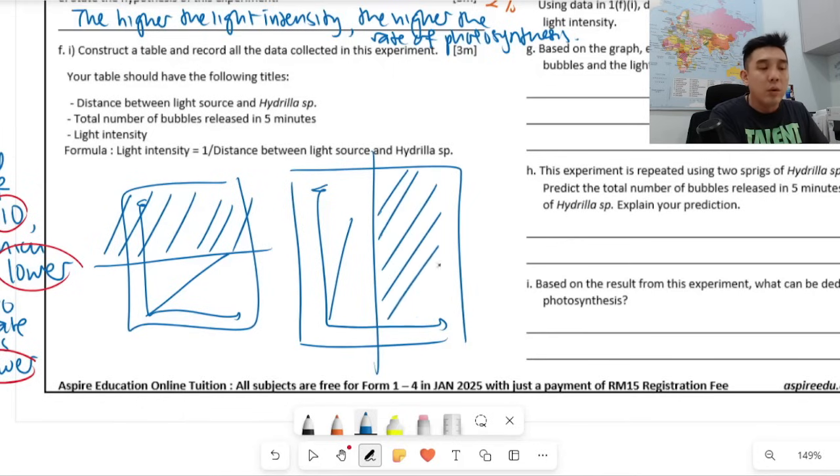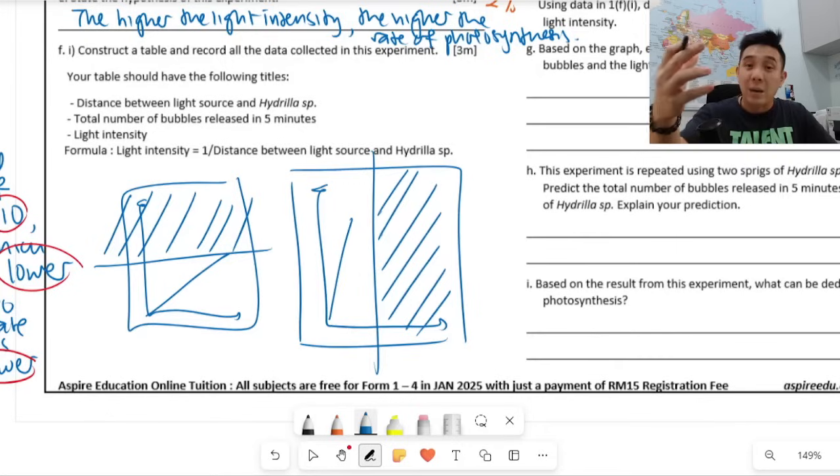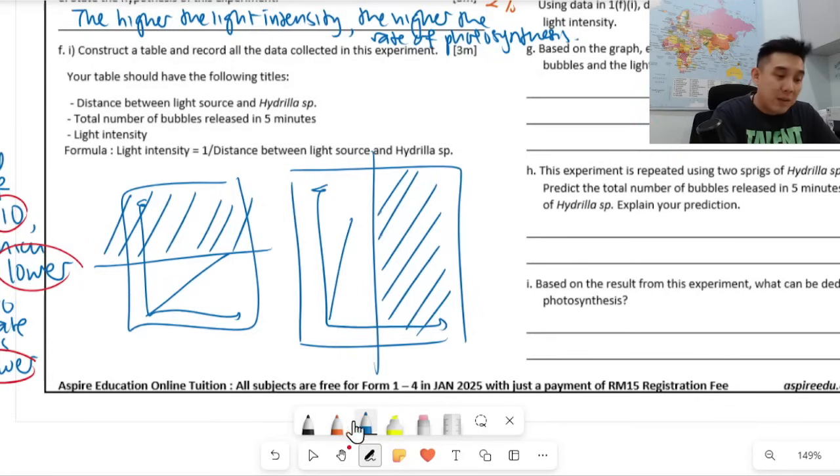If you only use half, means that you could double your scale. Okay, you could double your scale. For every 2 cm, let's say 10 ml, you can make it 20 ml, so that it would be something like this. Example. Okay.